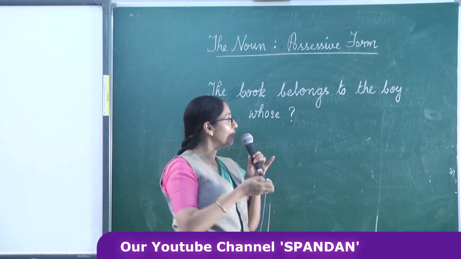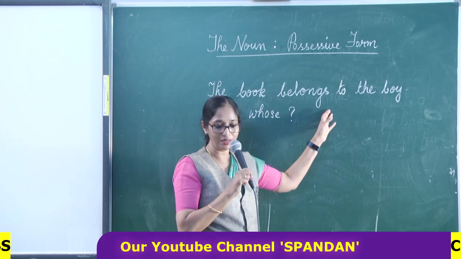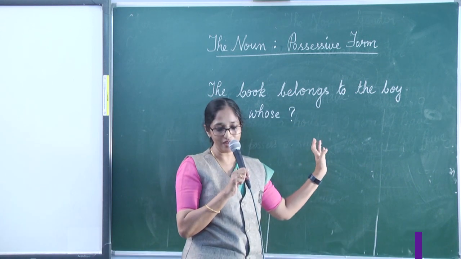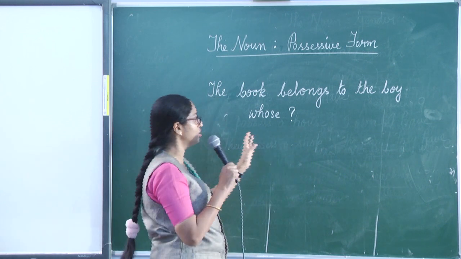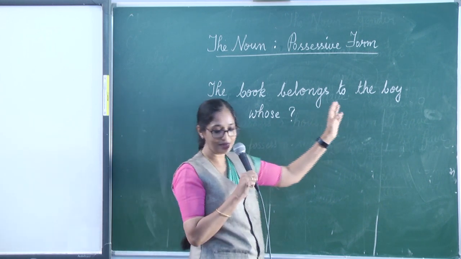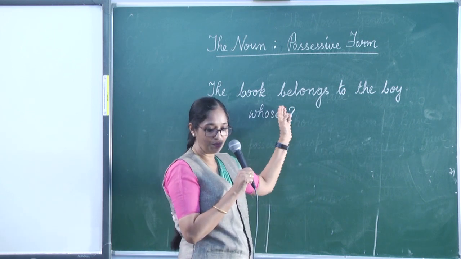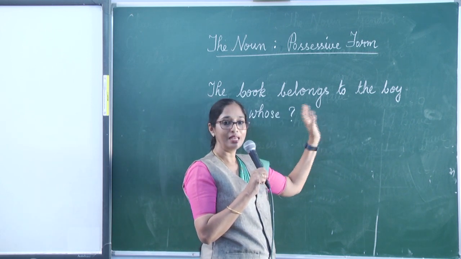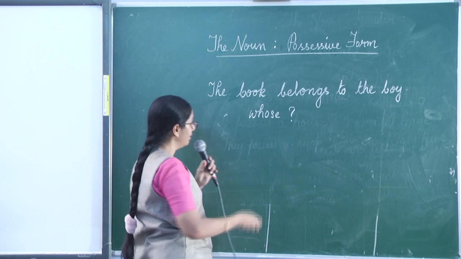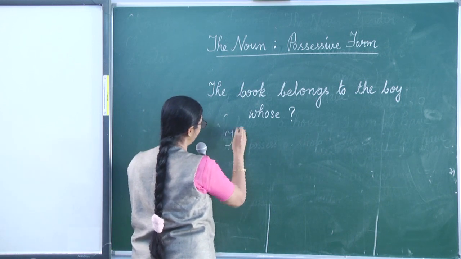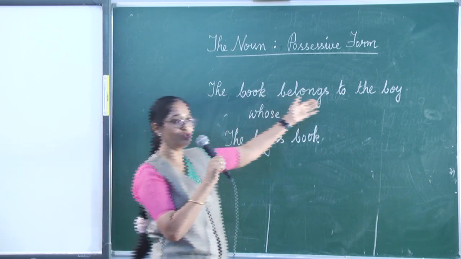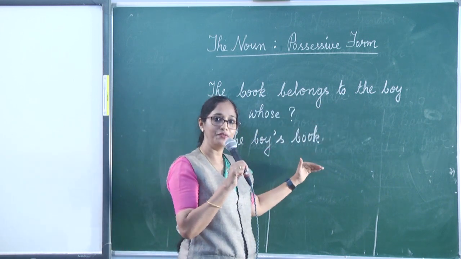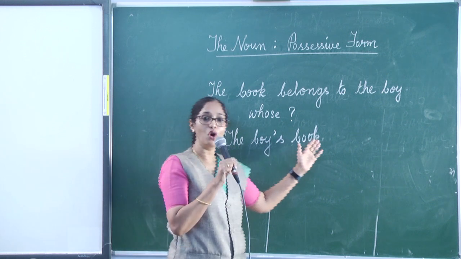So in order to convert it into a possessive, add an apostrophe s after the noun boy to show the ownership. So we can write the same sentence in a different way. The book belongs to the boy can be written as the boy's book.